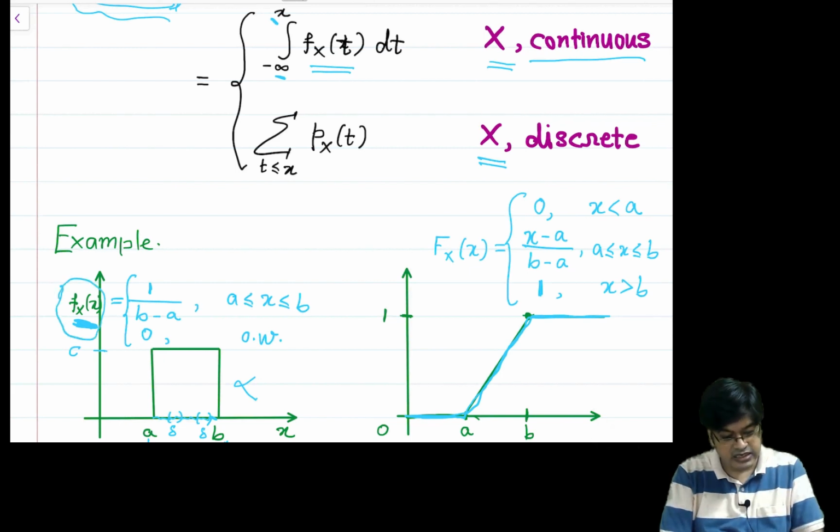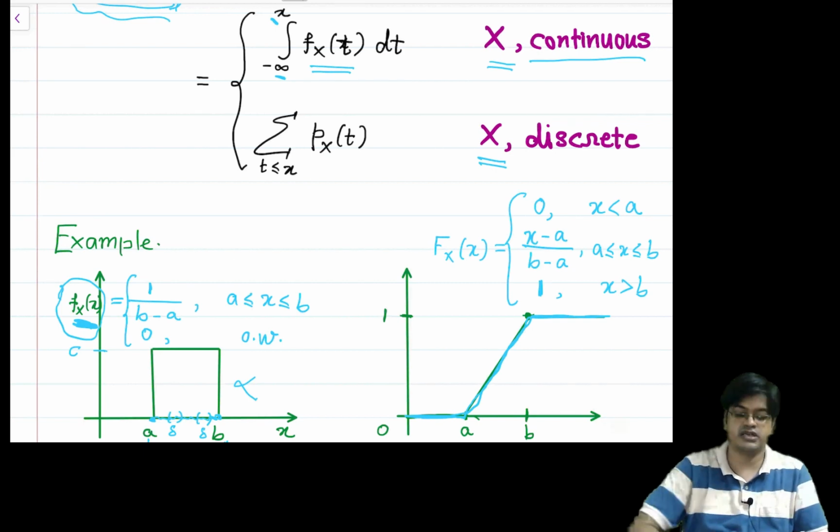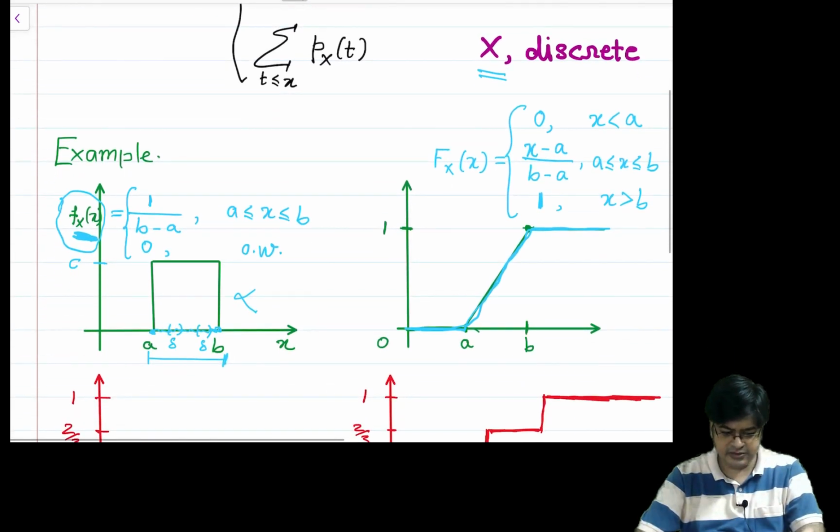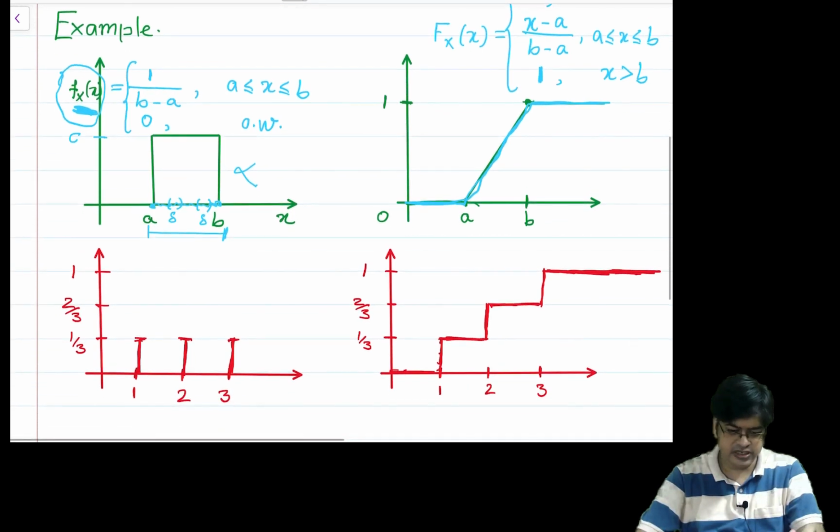In this case the discontinuities are happening at a and b. So always remember, it's not the PDF that gives the name continuous, it's the CDF, the cumulative distribution function, that gives the name continuous.